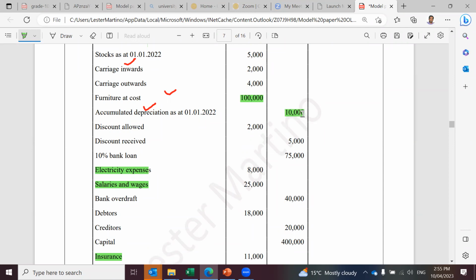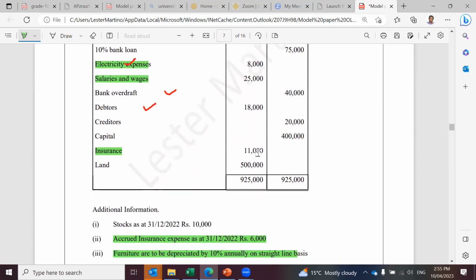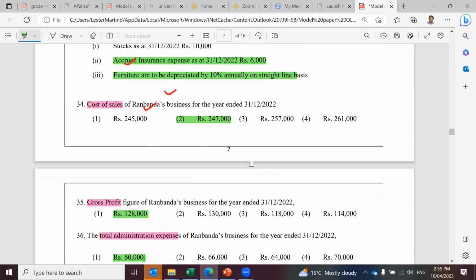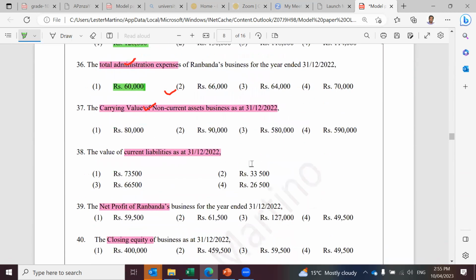So the closing accumulated depreciation is 20. So 100 minus 20, 80 is the carrying value of the furniture. Plus land 500. So 500 plus 80, 580. Is it clear, everyone? Yes, very good.